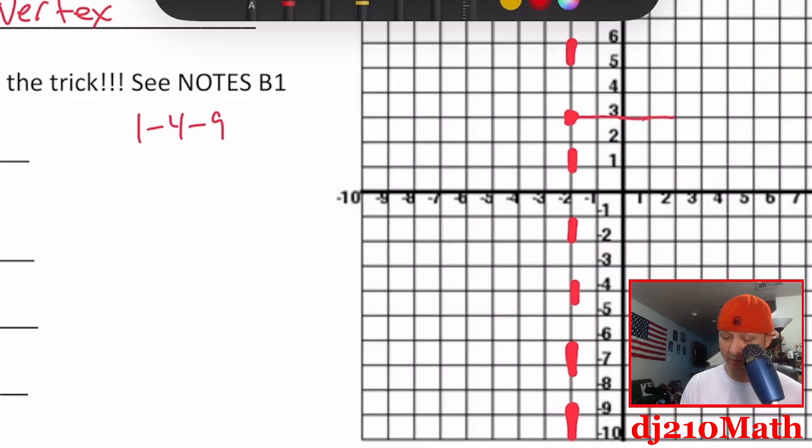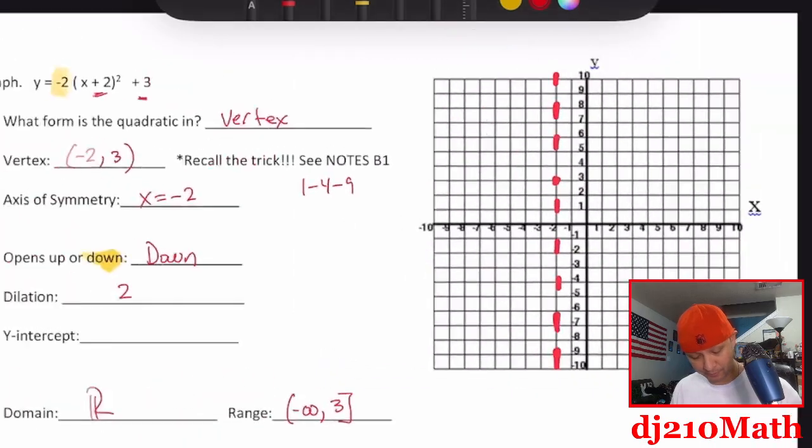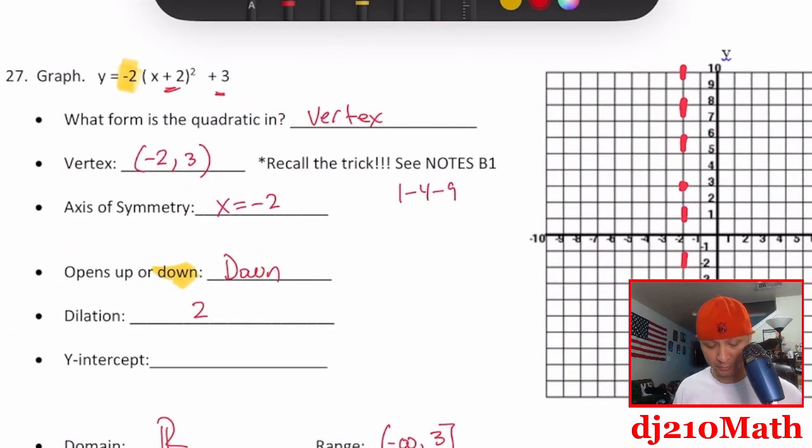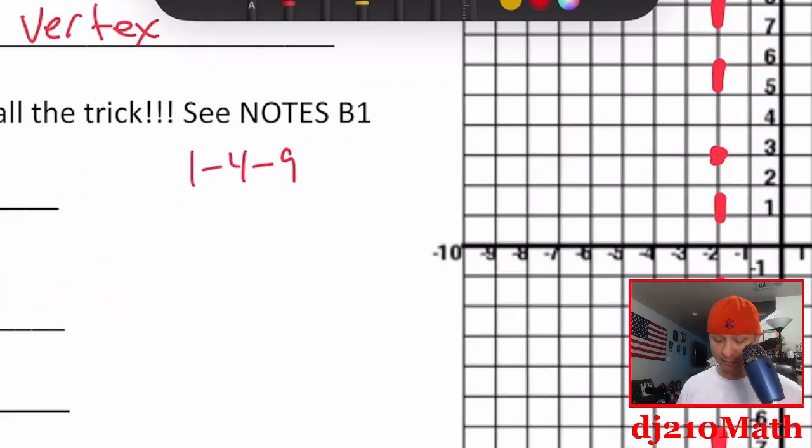There's a pattern here. This pattern is only valid when a is 1. Is a 1? No, it's not. a is 2. In fact, it's negative 2, which just means I'm going to go down. So what that means is I have to double my distance. So instead of 1, 4, 9, it's going to be 2, 8, 18.